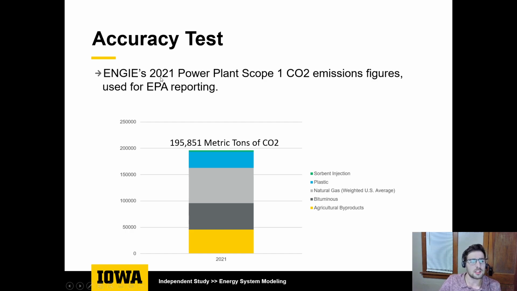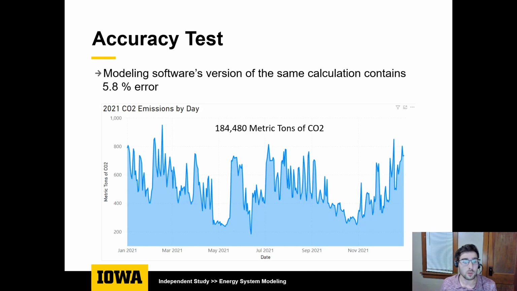So this is ENGIE's 2021 power plant CO2 emissions that are used for EPA reporting, and their number for 2021 was 195,851 metric tons of CO2 worth of power plant emissions for the year 2021. So this is the number we want to try to match with our system. And we get close.